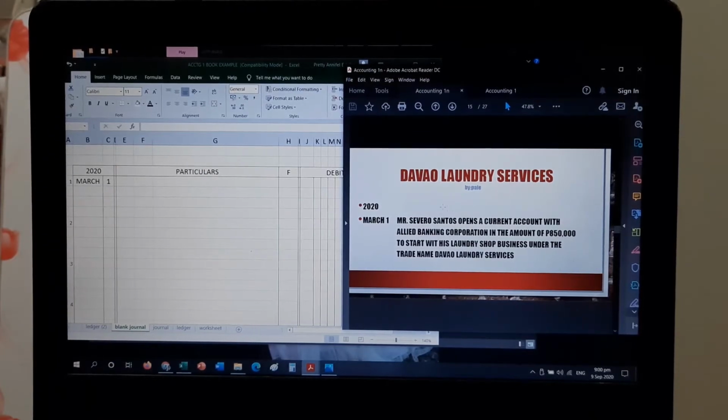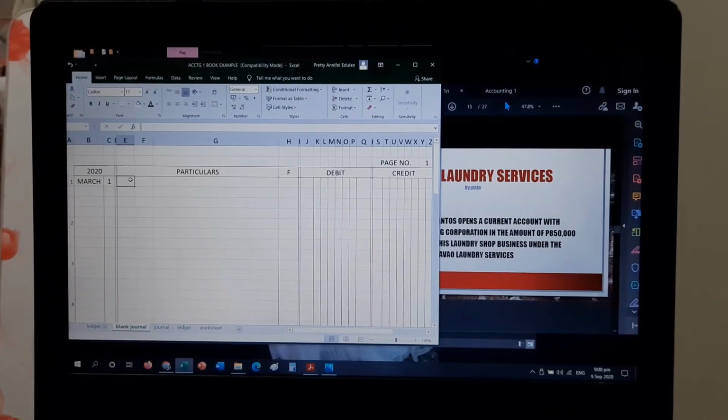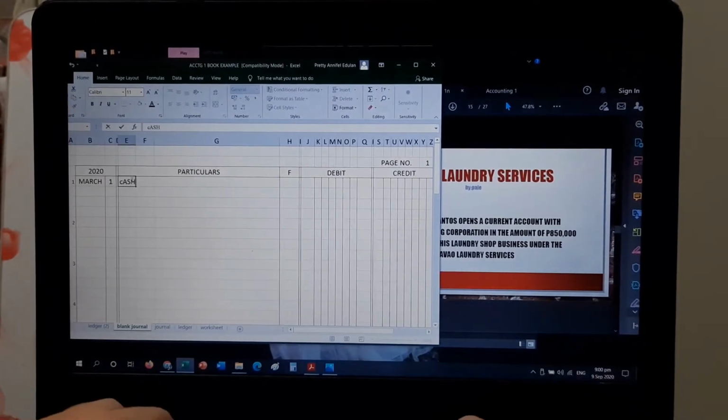So what happened in this transaction? So the owner invested, and his investment was deposited in the bank. So what is the proper account title? Since that is in the bank, you will use cash in bank. But if you have used cash, that can still be considered, but the proper account title is cash in bank. So you will write cash in bank.